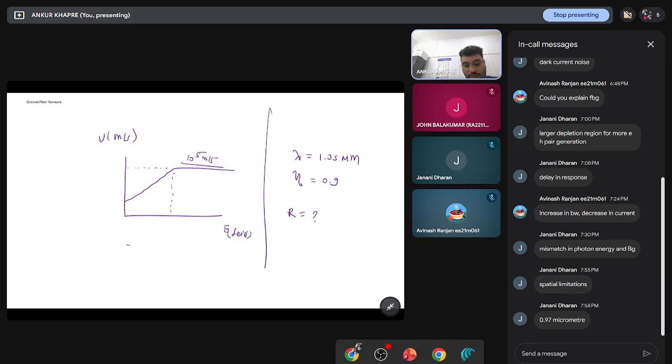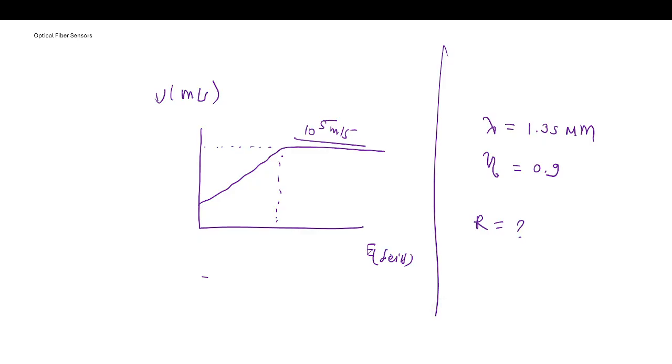Let's write the formula. R is equal to eta lambda divided by what is that? Yeah, 1.24. Now we calculate.